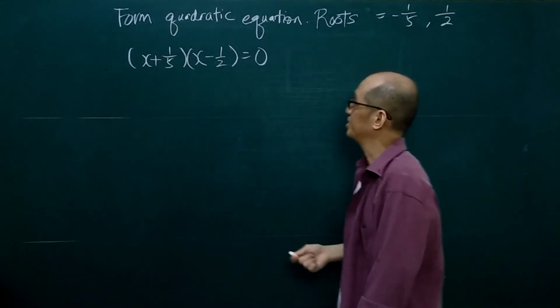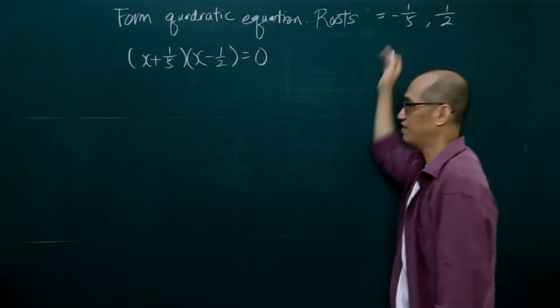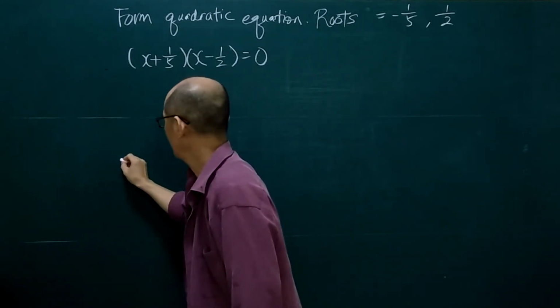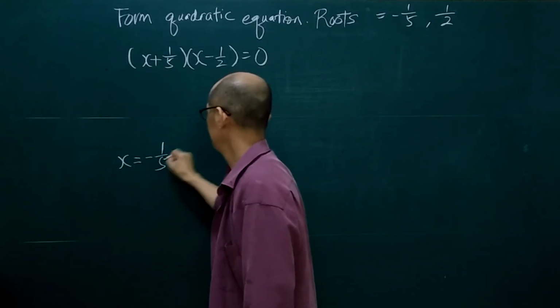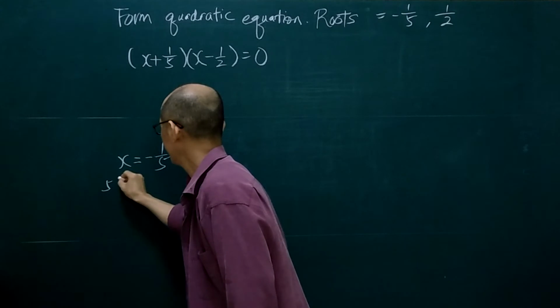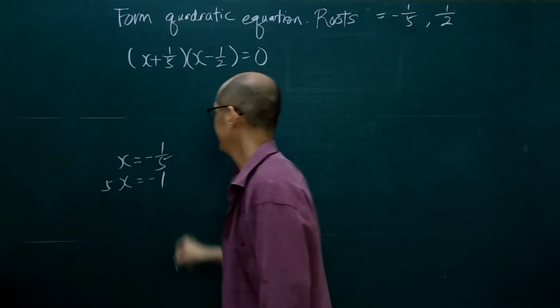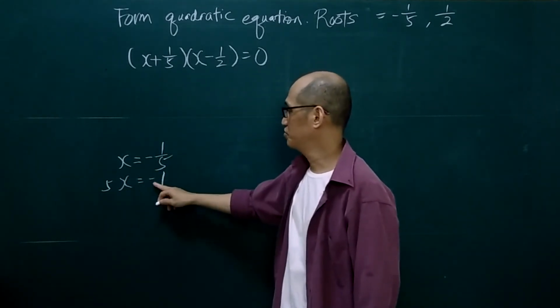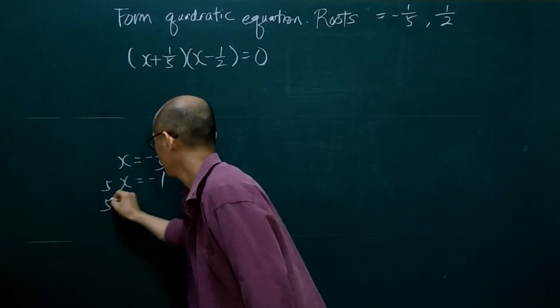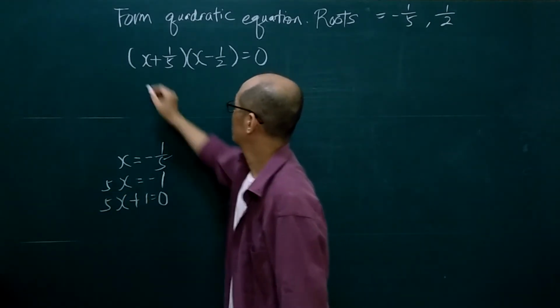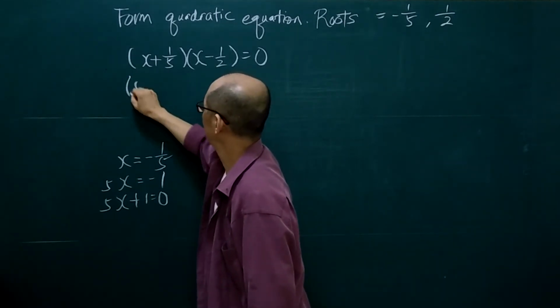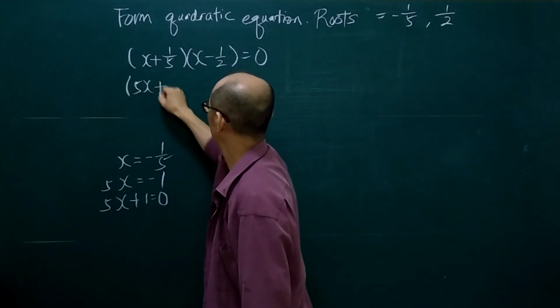Or we can do it this way. For negative 1 over 5, we are going to write it as x equals negative 1 over 5. So 5x equals negative 1. And then we move negative 1 to the left hand side. So here we have 5x plus 1.